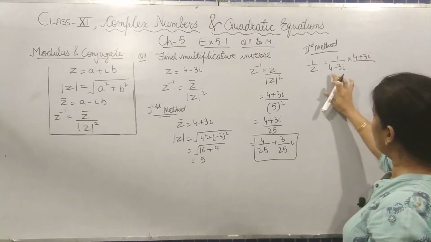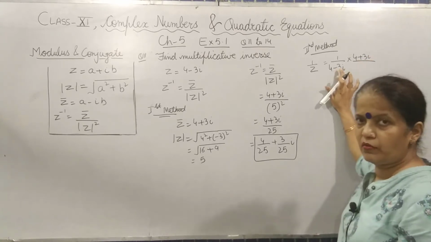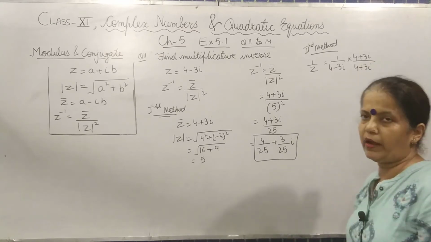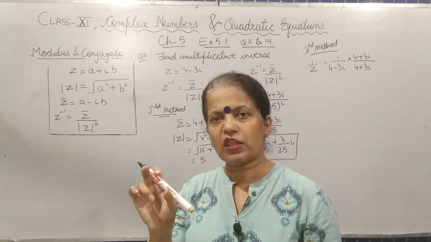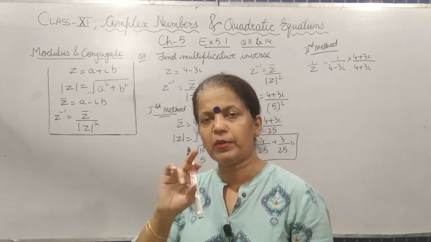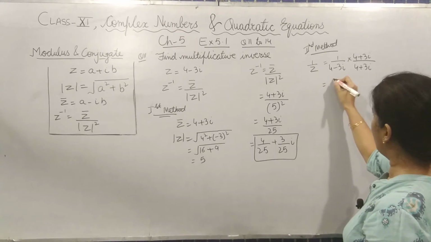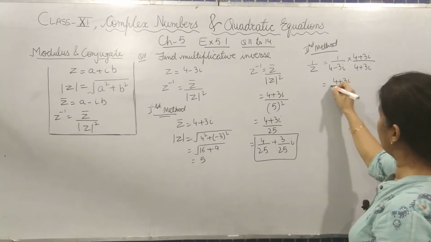So what we will do, we will multiply it with the reverse, 4 plus 3 iota. The sign between the real and the imaginary part will get changed. Now with this method also you will get the same answer.